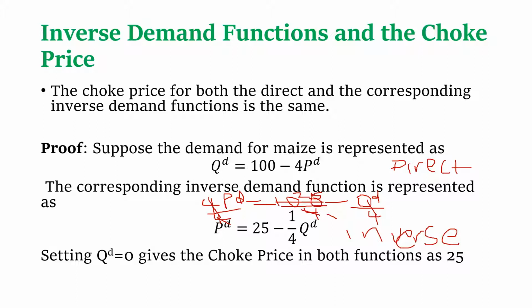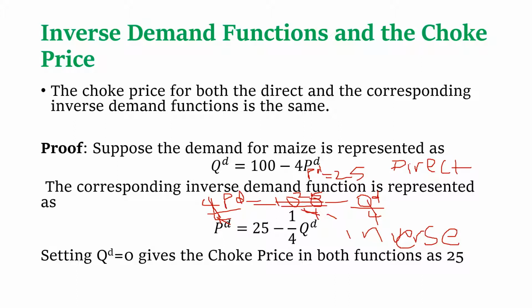All you need to do is set QD equals to 0. Then it becomes 0 equals 100 minus 4 PD. Take minus 4 PD to the left-hand side, becomes 4 PD equals 100. Divide both sides by 4, and then PD becomes 25. So that's how you find the choke price there.